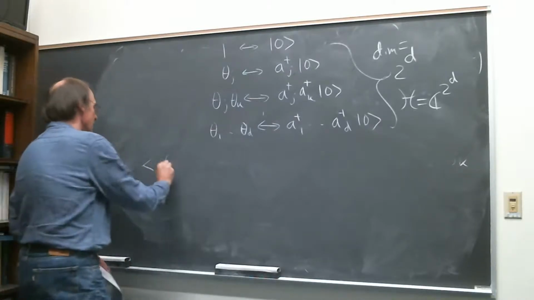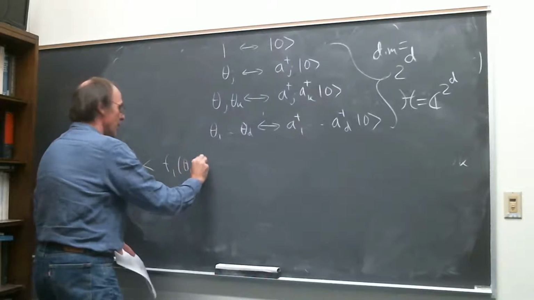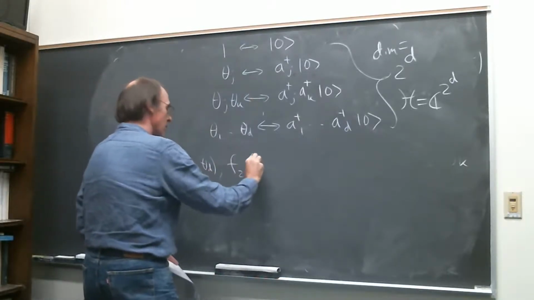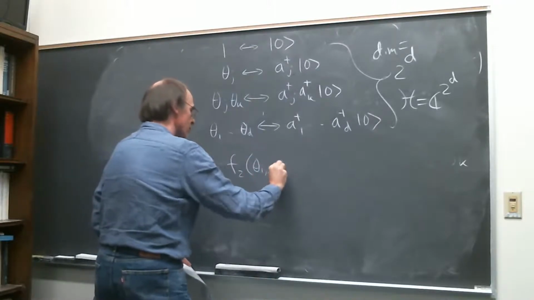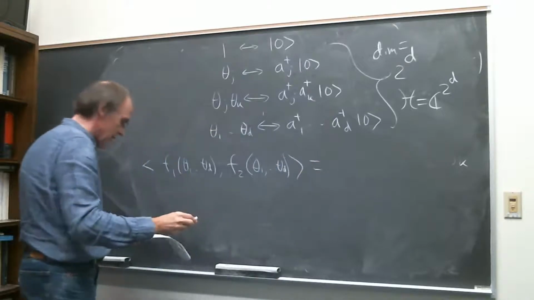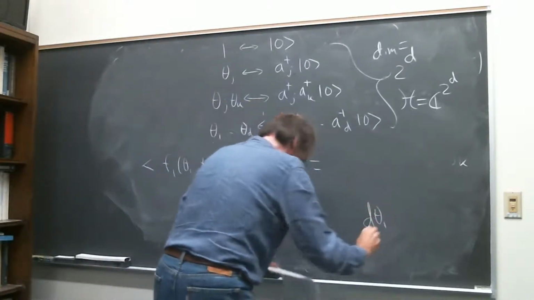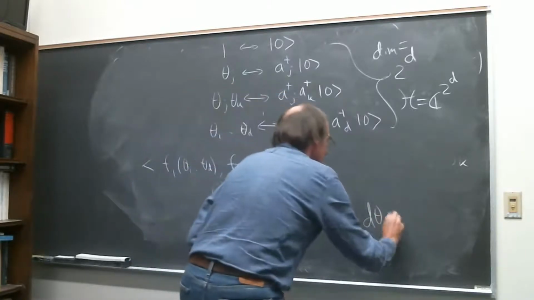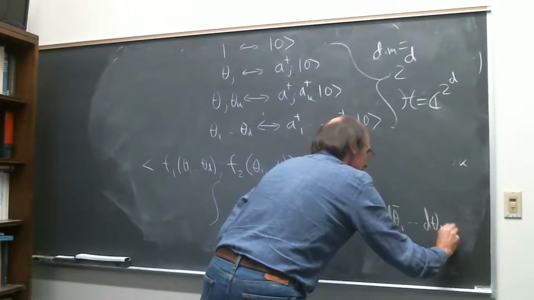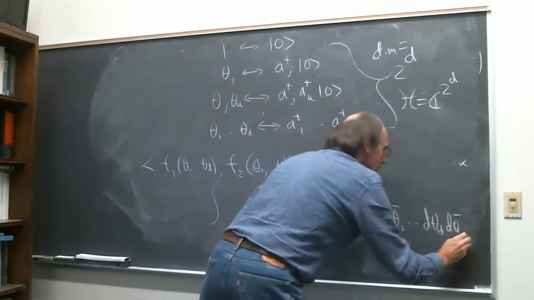You just say that the inner product of one function of the thetas and another function of the thetas is given by taking the integral with respect to d theta_1, d theta_1 bar, up to d theta_d, d theta_d bar.